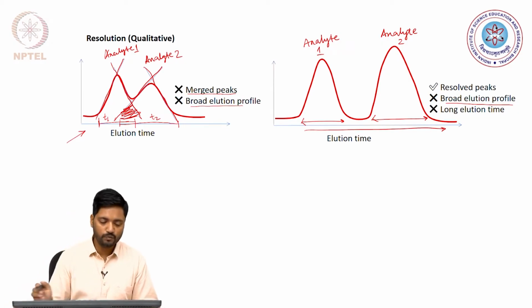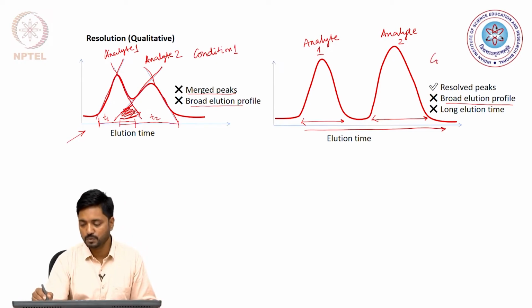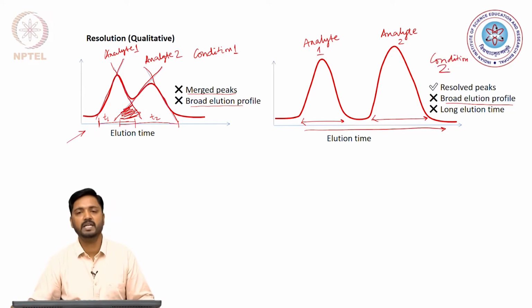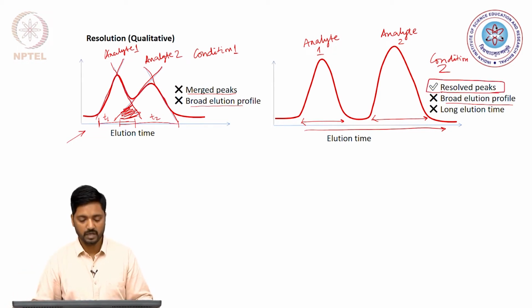So, as we moved from condition 1 to condition 2, we have seen that we achieved success in terms of having a well resolved peak. However, we are still facing the problem of having a broad elution profile, and we require a very long elution time to achieve this separation.